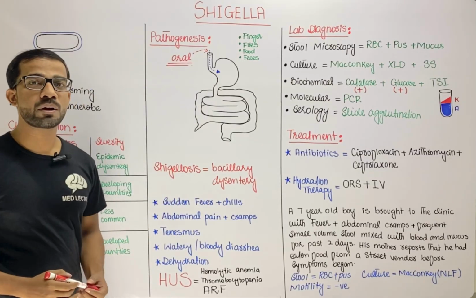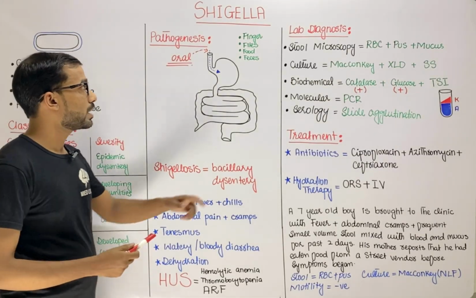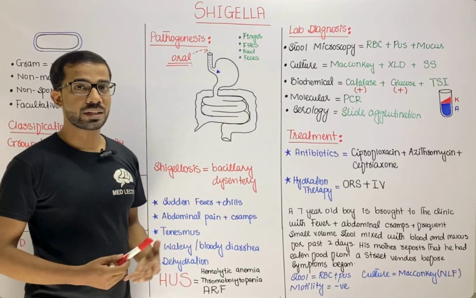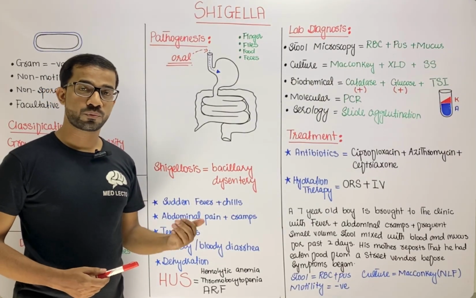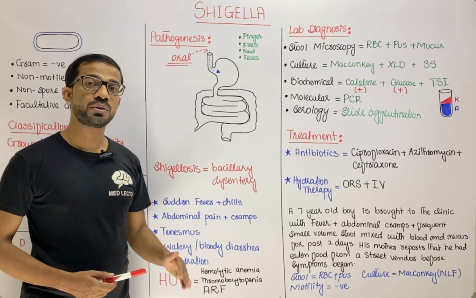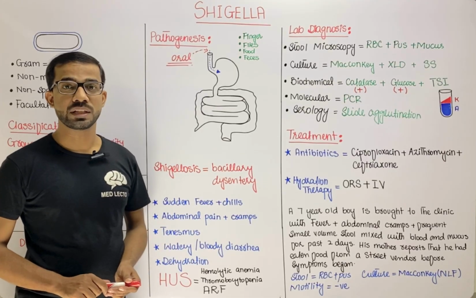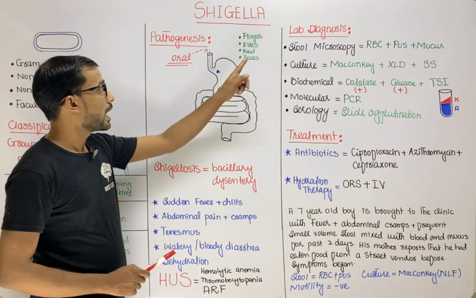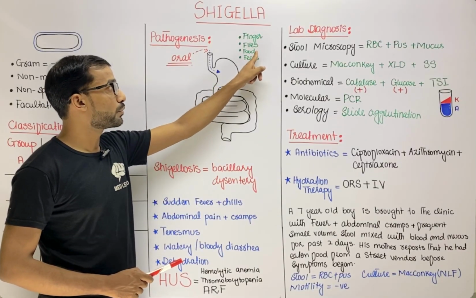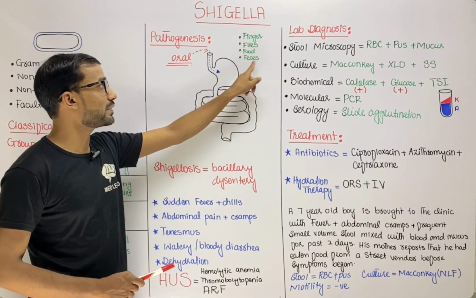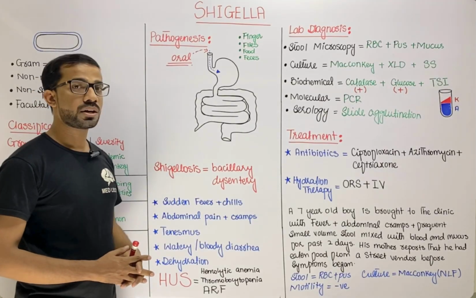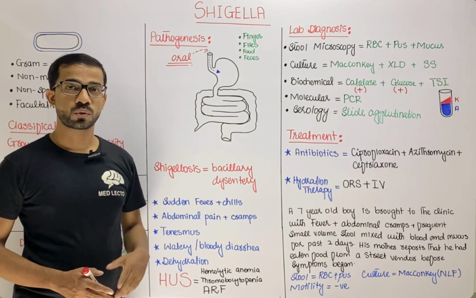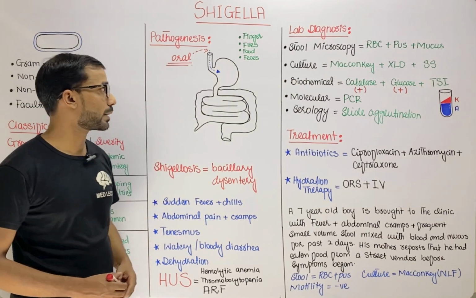You have to remember 4F. It can transmit through fingers that are contaminated, food and water, which are further contaminated with stool. Flies, food, contaminated food, and feces. So these are the important ways through which Shigella enters our body.